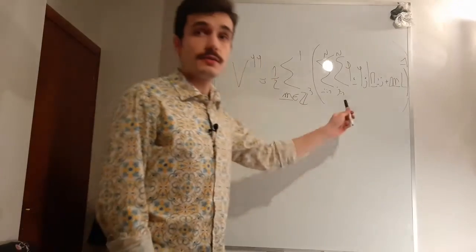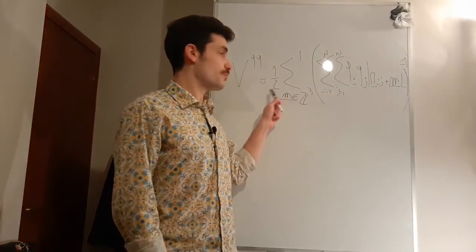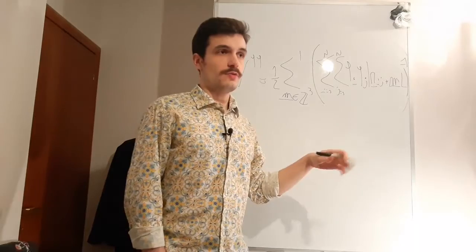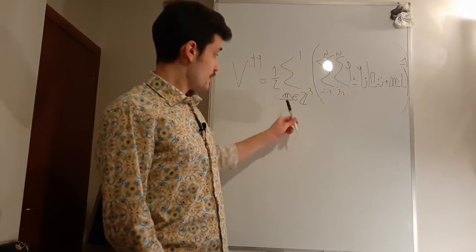This is the simple standard coulombic potential in reduced units. In fact, there is no constant 1 over 4 pi epsilon. Now, what is this m?